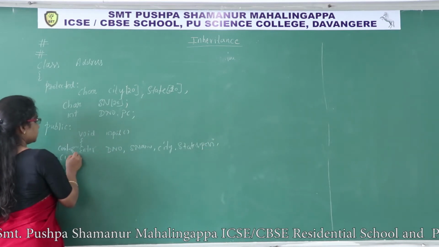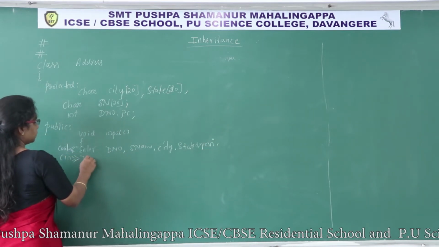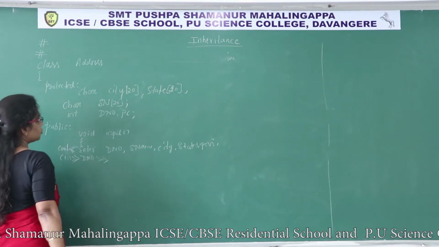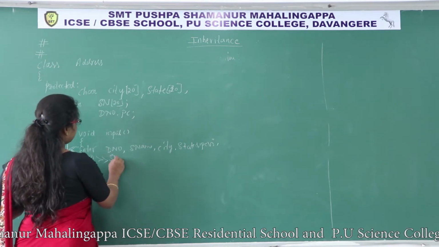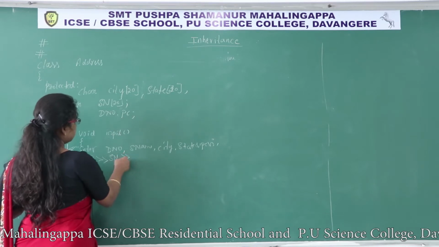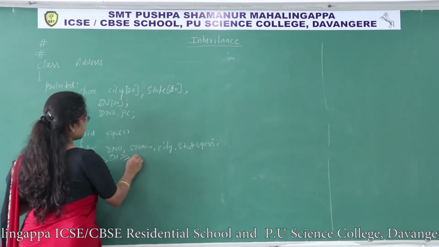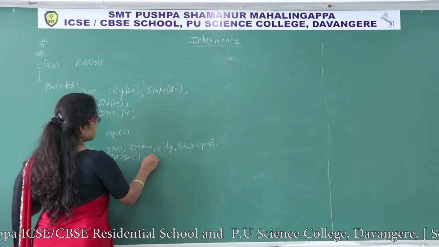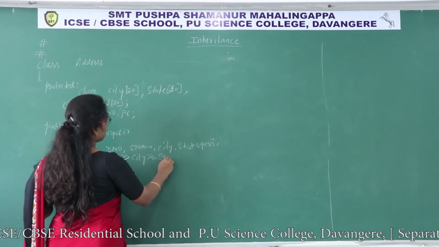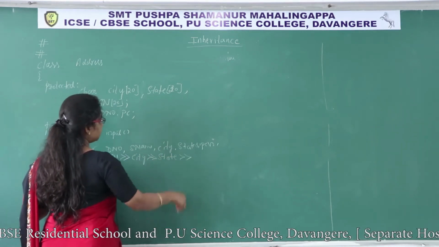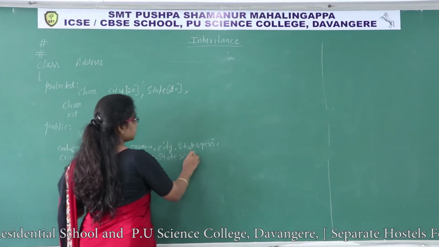In extraction, door number DNO, street name SN, city itself, state I have taken as the data member state, pin code PC I have taken.